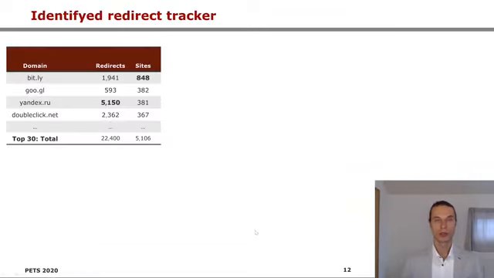Using our metrics, we built a table with the top 30 redirect trackers, the total number of redirects observed during the crawl, and the number of websites the tracker was embedded in and involved in the redirect chain.